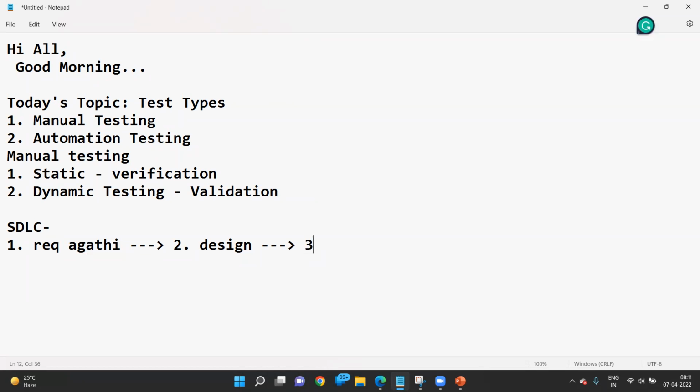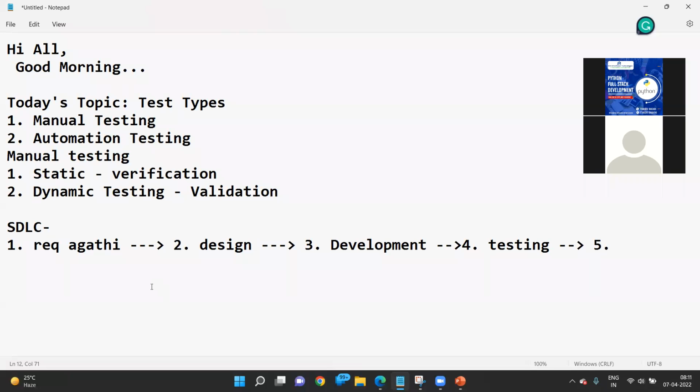Design, and then development, and then the next phase is testing. What is the next phase?